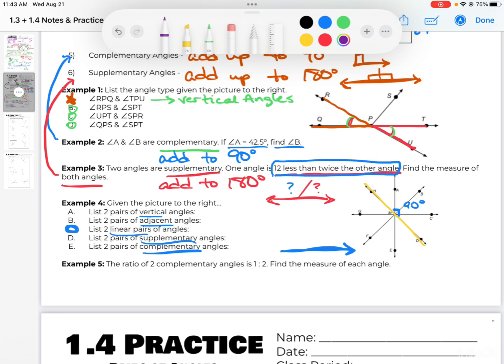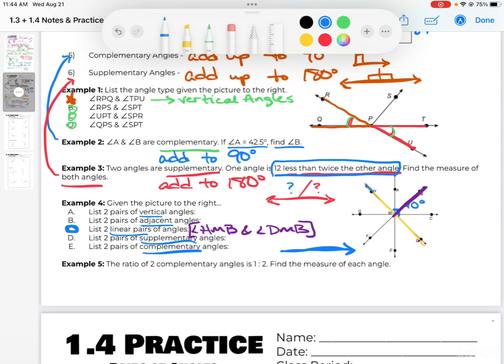Right now, if I look at this line that makes 180 degrees, I can see that it's split right here. And so angles HMB and angle DMB make up that linear pair. That's one linear pair. Okay, that's just one.